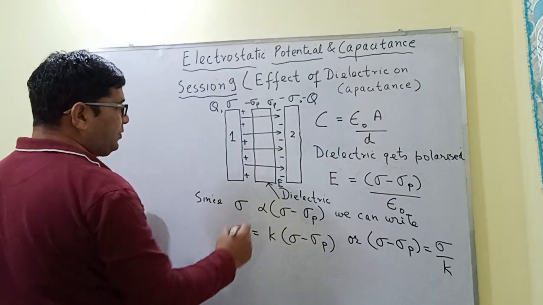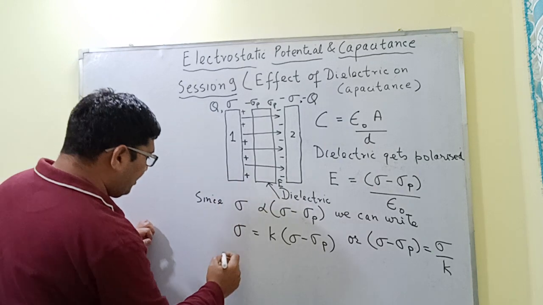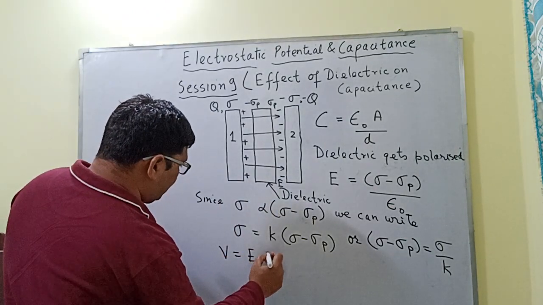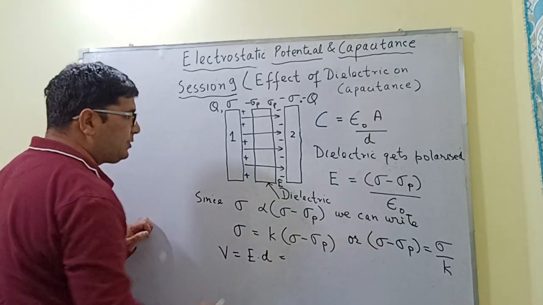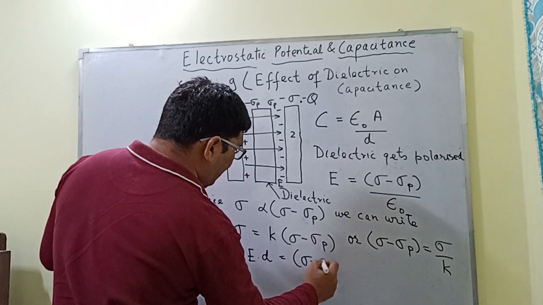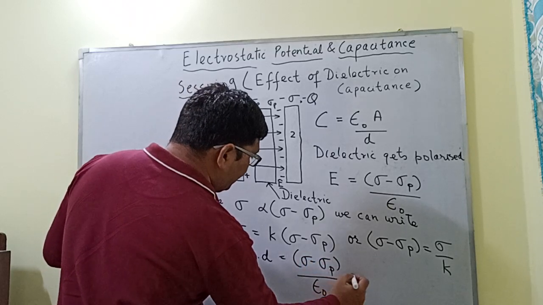Now the potential difference V across this capacitor can be written as V is equal to E into d. So E is sigma minus sigma p divided by epsilon naught, into d.